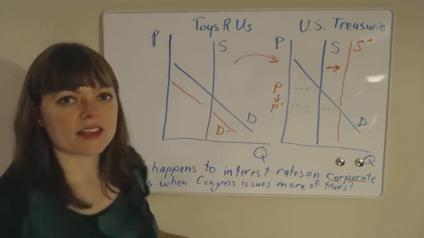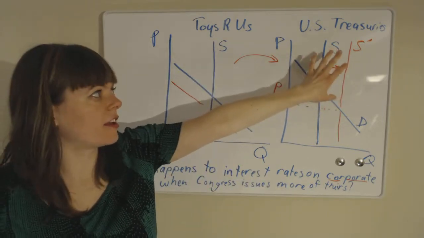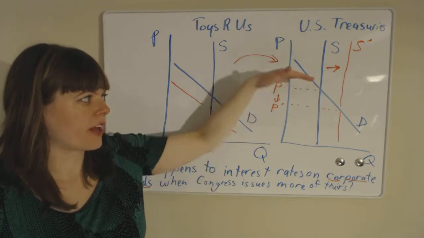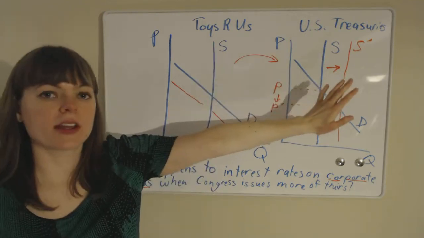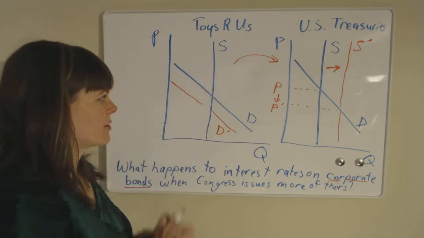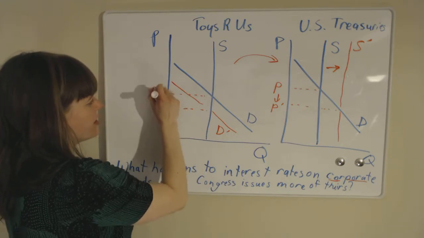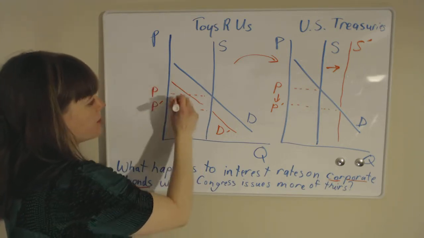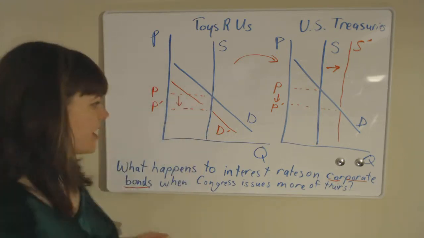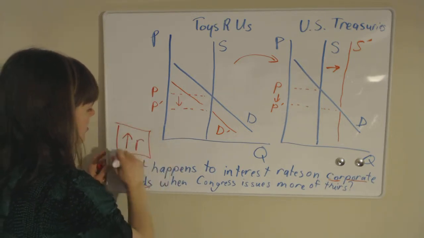Or another way of thinking of it is Toys R Us bonds are less attractive than U.S. Treasuries after the price change. So people are sort of moving their money to the more attractive item away from the less attractive item. So what we have over here at last is a decrease in the price of Toys R Us bonds, and that's going to cause an increase in the interest rate on Toys R Us bonds, which is the answer to the question.